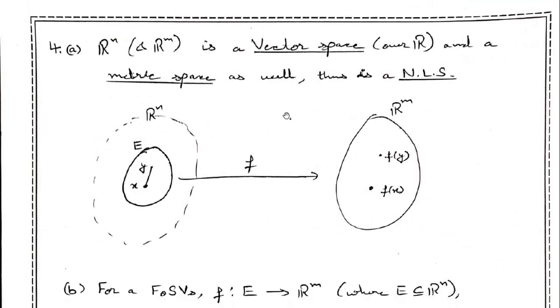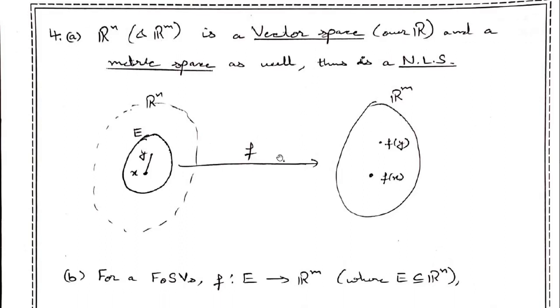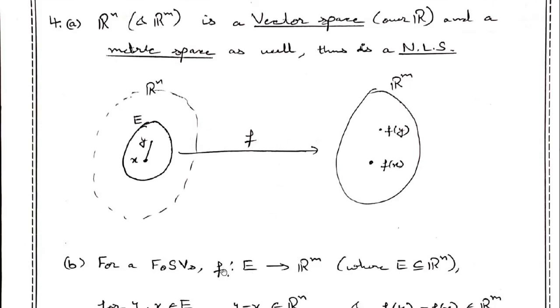Now we are proceeding one step further towards the differentiation of functions of several variables. For that, we have to understand the most general sense: a function from a subset E of Rn to Rm. I have made a Venn diagram like this for understanding.